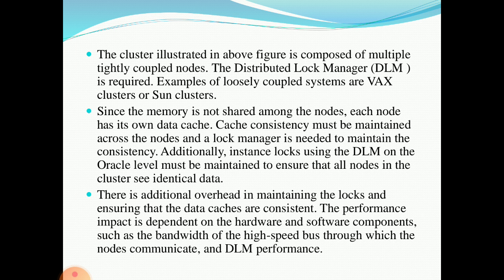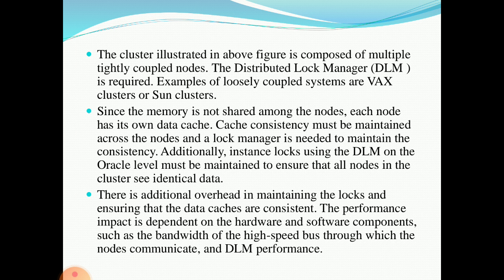Okay, and at the same time each node has its own data storing capability, that is, a cache memory, and this cache consistency must be maintained across the nodes, and the lock manager is needed to maintain the consistency. What is the need for a lock manager here?